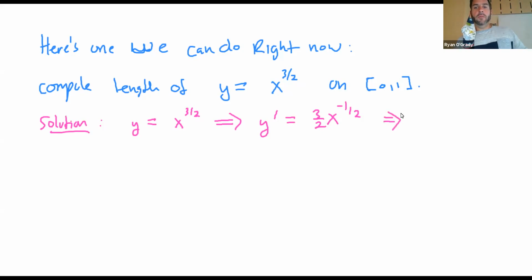Excuse me, it's not -1/2, it's +1/2. 3/2 minus 1 is 1/2. So this becomes 1/2. And then when I square the derivative, I get 9 fourths x.